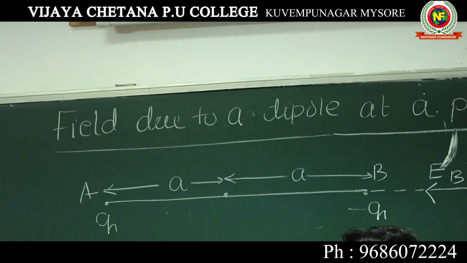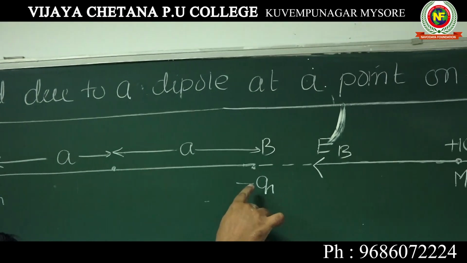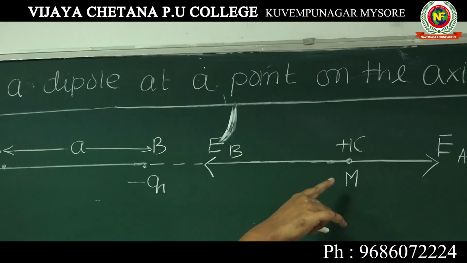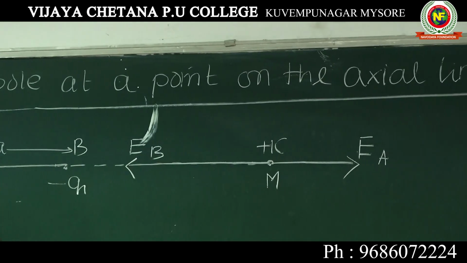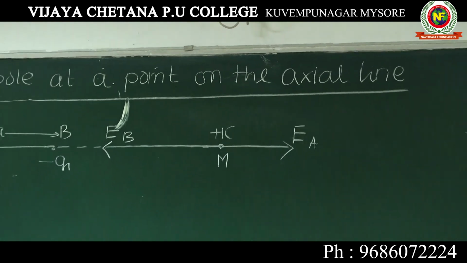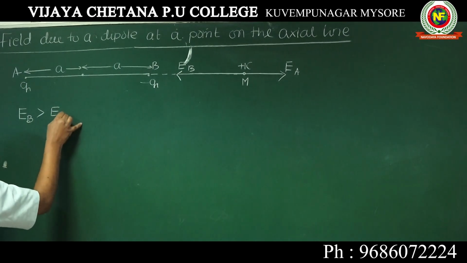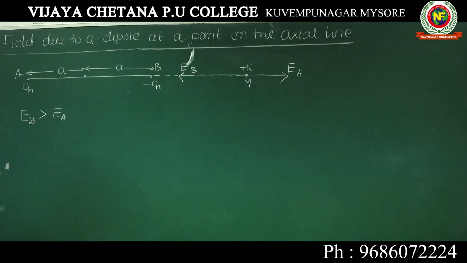The negative charge is closer, therefore it will produce a greater influence on this. Therefore, EB is greater than EA. It's the most important point. In my diagram, EB is greater than EA. Okay? What are EA and EB?